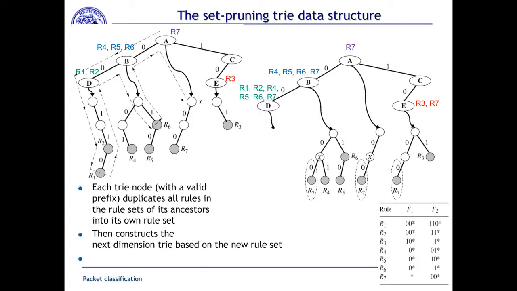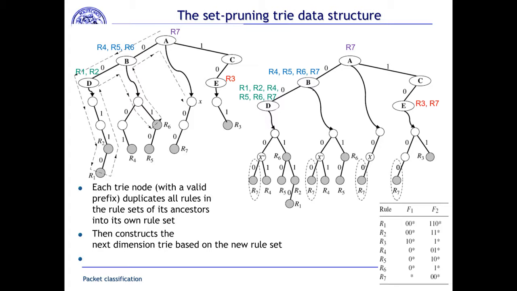Similarly with D: originally D had only these 3 attached, and this node was originally white. Now we have to take the tree that is attached to B and copy it in the same way. So this is the tree in D. You can see that now this node is gray and it has rule 7, which is taken from here. This is basically the construction with set pruning.